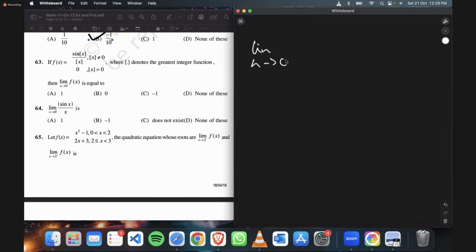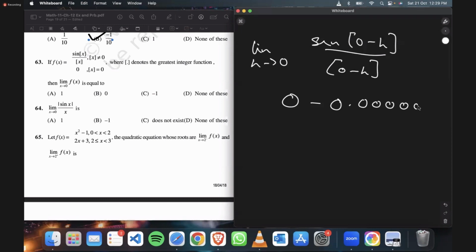Limit h tends to 0 where sine GIF of 0 minus h divided by GIF of 0 minus h. Now as h is tending to 0, h is approaching 0, so what will be happening? I say 0 minus 0.00000, keep writing zeros and there will be a 1.